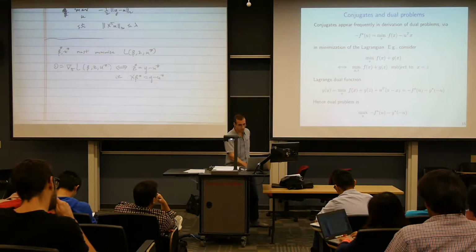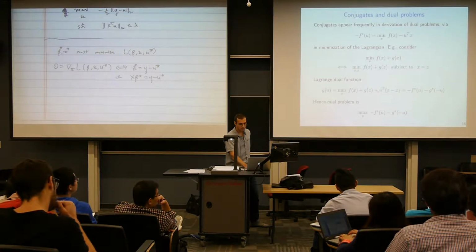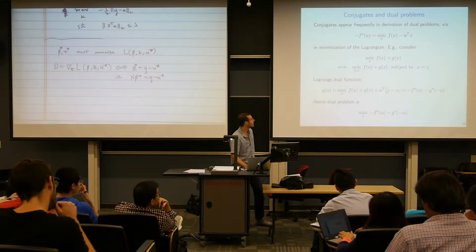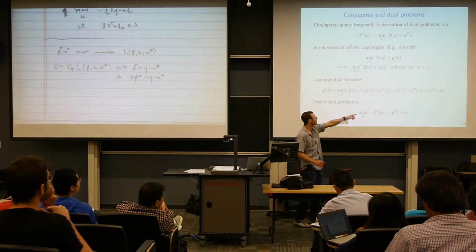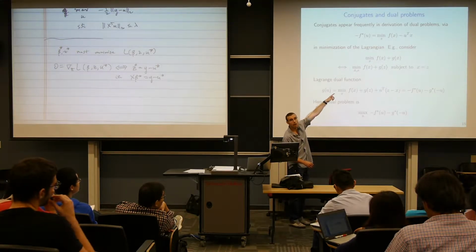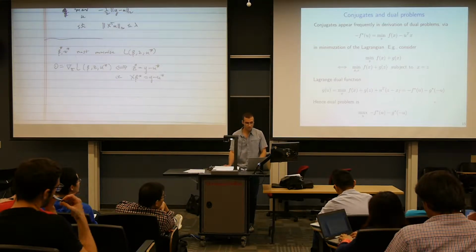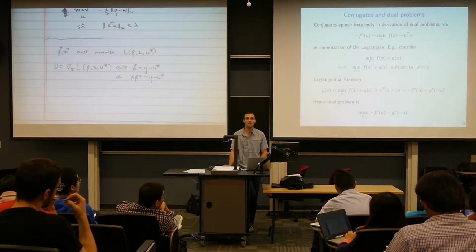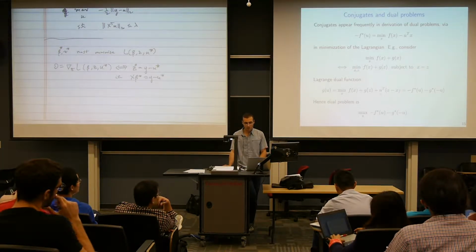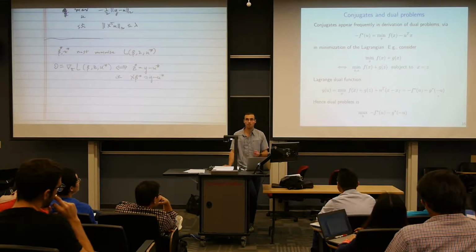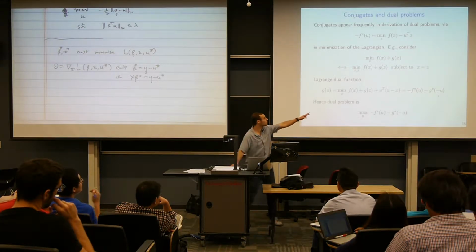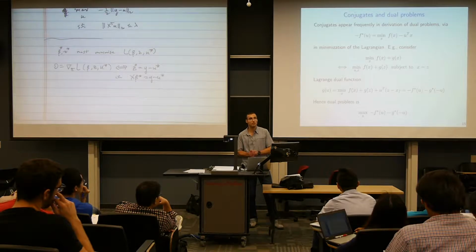You get nothing more than the minimum of f of x minus u transpose x, which we saw was just the negative conjugate of f evaluated at u, minus the minimum over all z of g of z plus u transpose z, which is nothing more than the negative conjugate evaluated at minus u, because we had plus u transpose z rather than minus u transpose z.